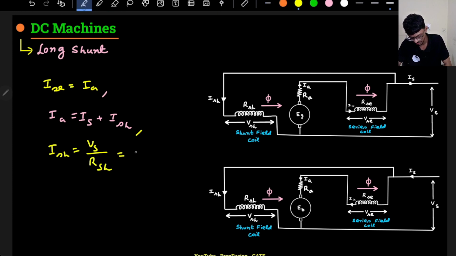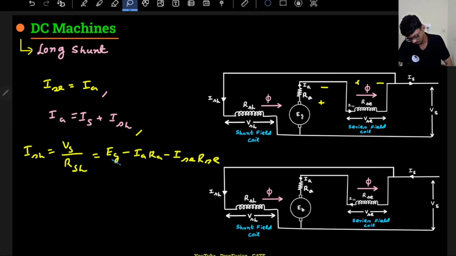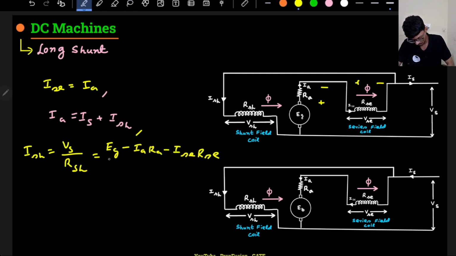Or you can write it in terms of the generated voltage EG minus the drop across the armature, IA into RA, minus the drop across the series winding, IA into RSC. This value will be divided by RSH, and from here you can simply find the shunt current.